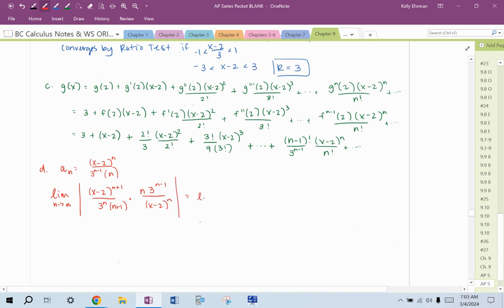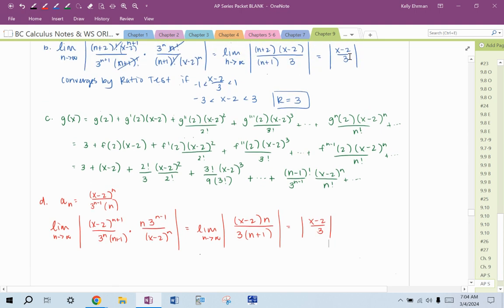And then what are we left with when we cancel stuff out? So we have x minus 2 to the first times n over 3 to the n minus 1 over 3 to the n. You're left with 3 to the negative 1, so put a 3 down here, times n plus 1. And that leaves us with absolute value of x minus 2 over 3. So yeah, I got to the same place.